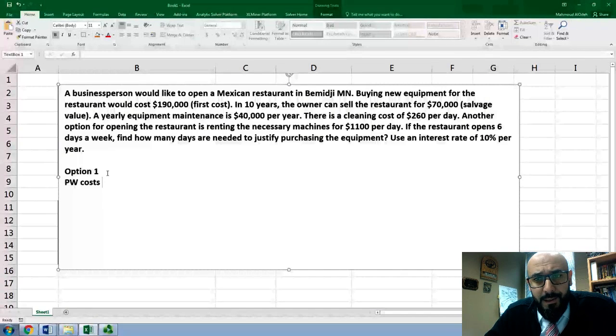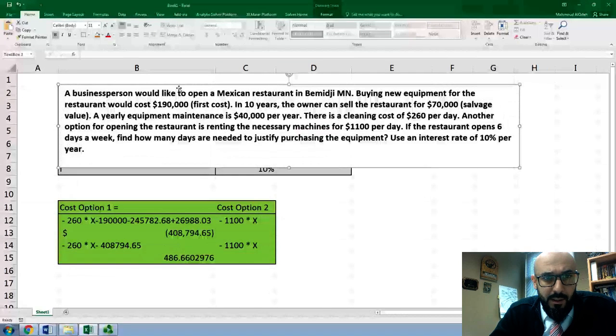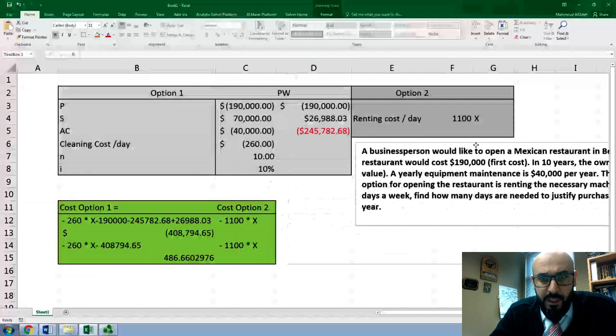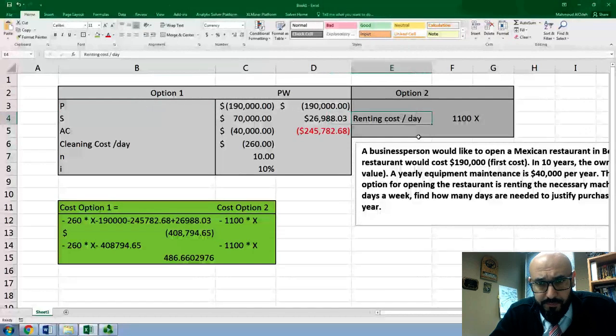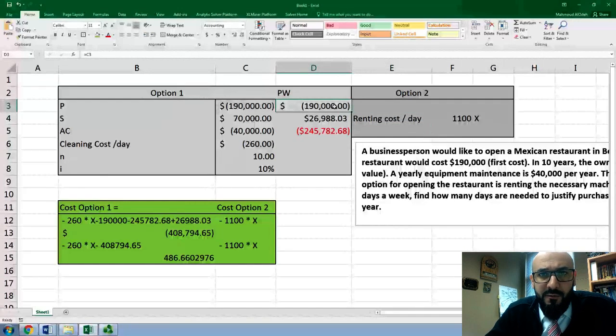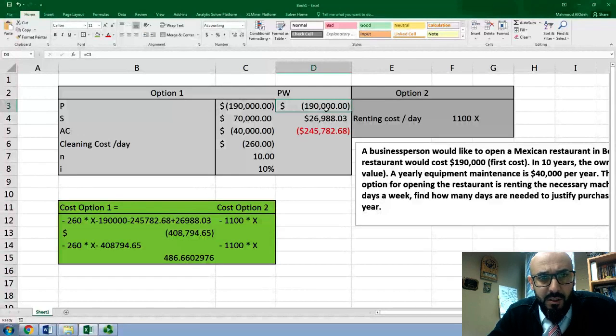So let's go over here and show you how we could do this. I'm going to put the question on the side here. We have option 1 and option 2, and first we need to convert all these cost values into present. The initial cost is already in present format.